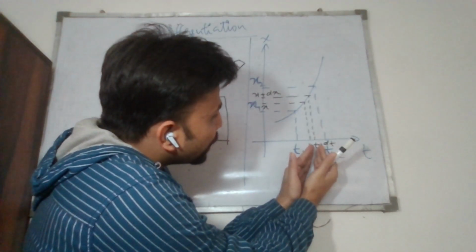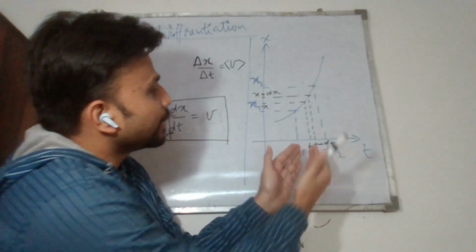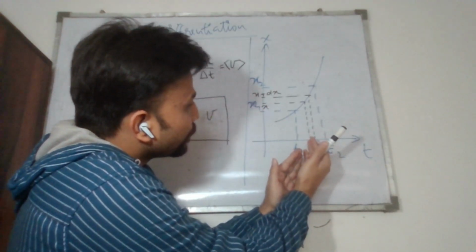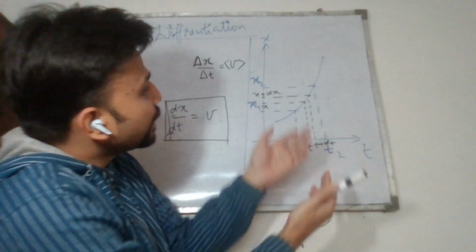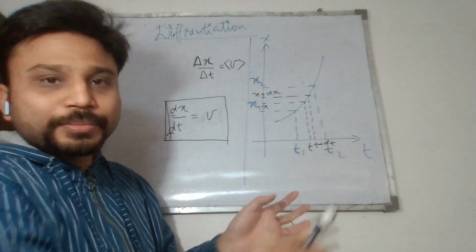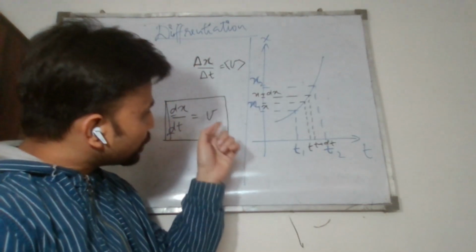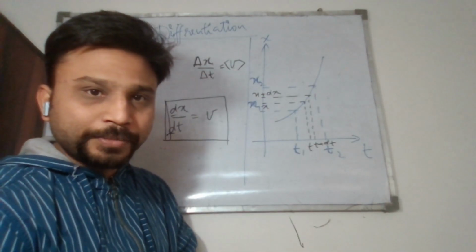So as they are very close, the average velocity dx by dt, where dx is the displacement divided by the time interval dt, is equal to the instantaneous velocity. So this is what instantaneous velocity is, right?